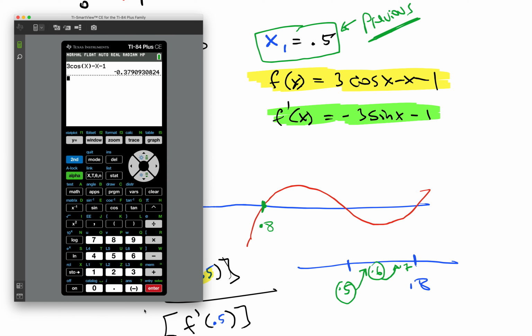Now put in your derivative one. So negative 3 sine x minus 1. You got that? Okay.